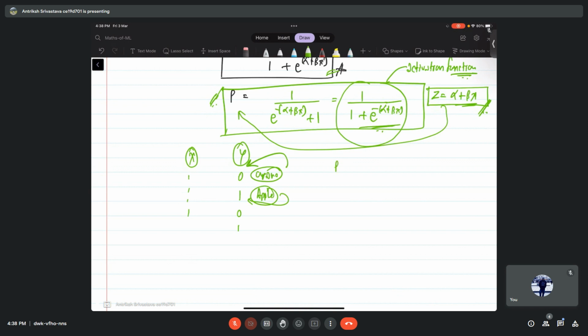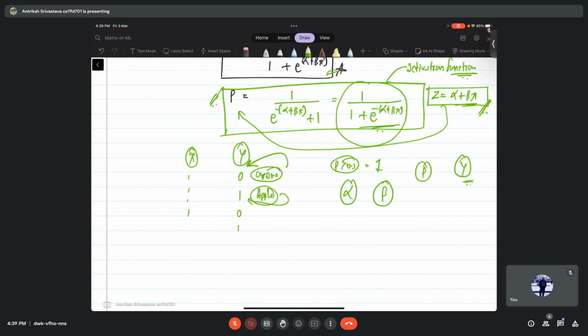If it is greater than 0.5, we give it as 1, and we perform stochastic gradient descent, or simple gradient descent, or a genetic algorithm to get alpha and beta that minimize the difference between our predicted p and the actual y.